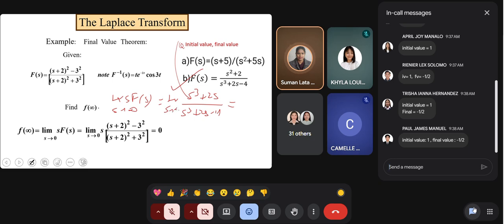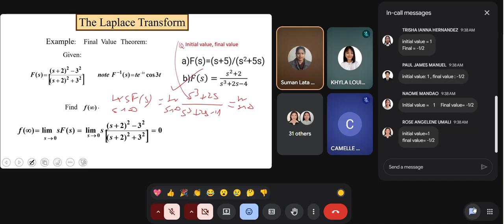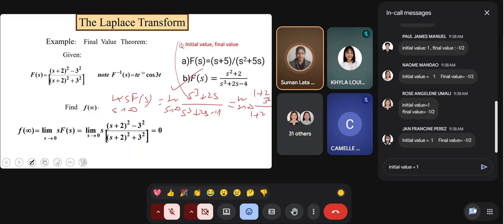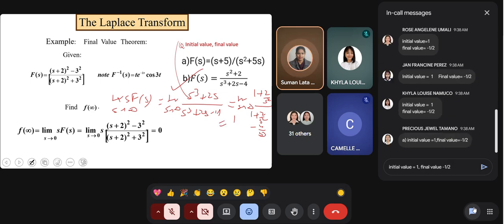Here limit s tends to infinity, so dividing by s cube, it will be 1 plus 2 by s square divided by 1 plus 2 by s square minus 4 by s cube. If you put s as infinity over here, the answer will be 0 for these terms. This one 0, this one 0, and this one also 0. So finally the answer will be 1 for the initial value.